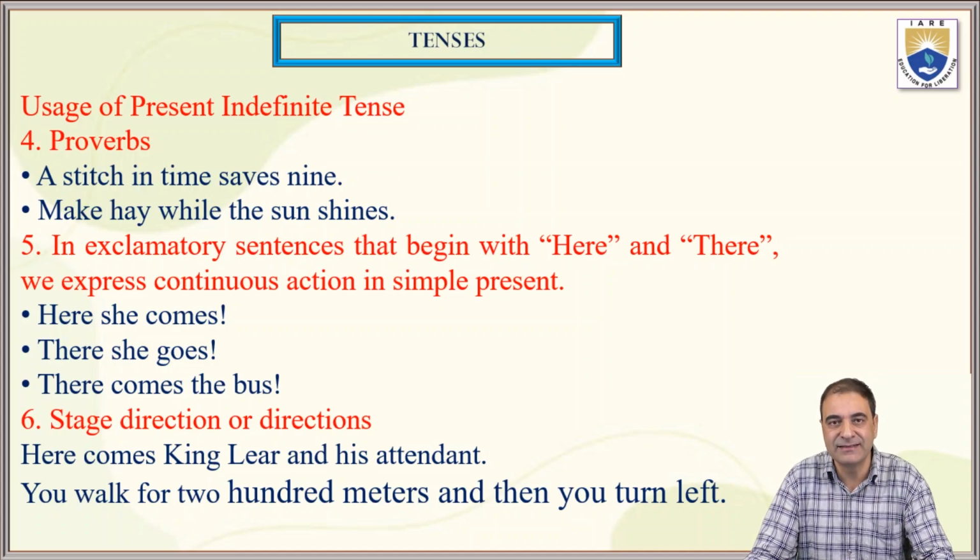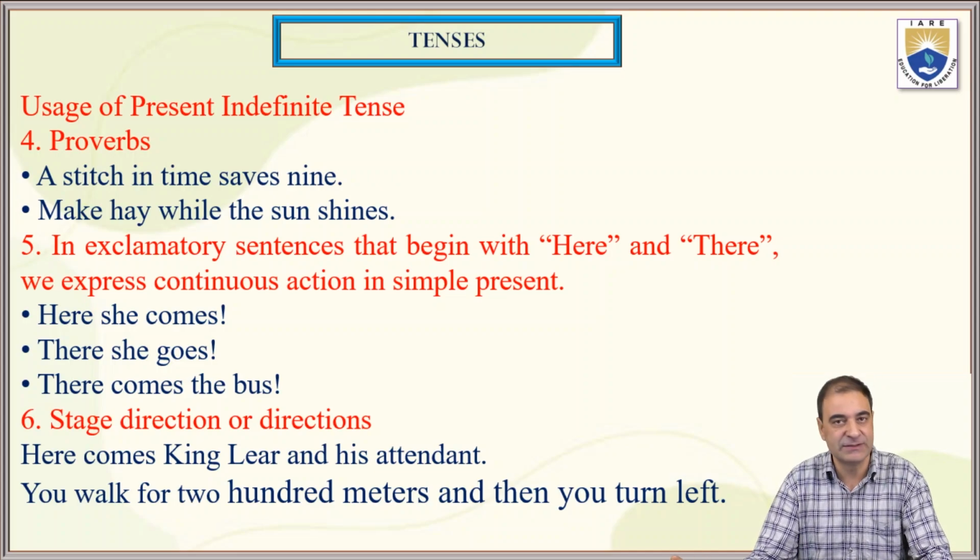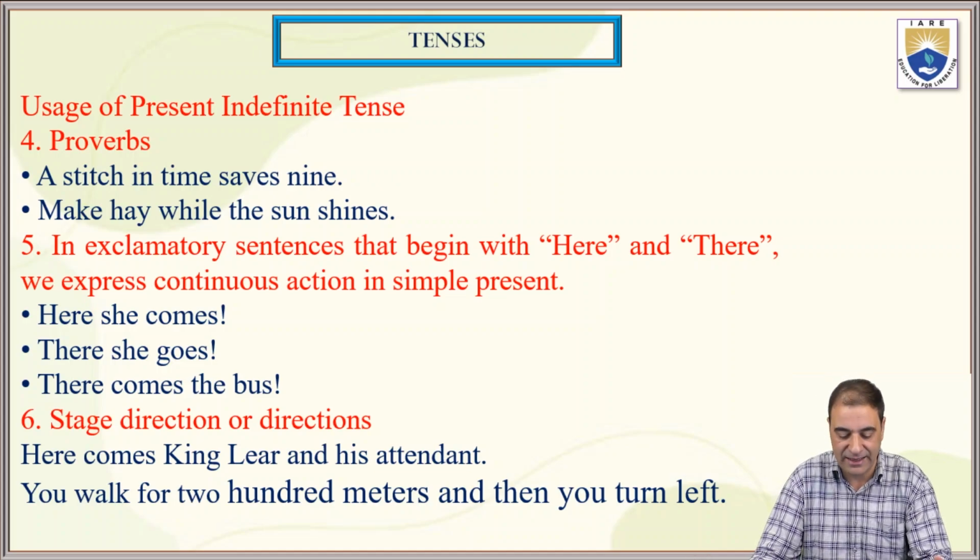in simple present tense. And the next one, for example, we use simple present tense to express a continuous action, if that sentence starts with here and there and ends with an exclamatory mark. Remember, if you have exclamatory sentences and those exclamatory sentences start with here and there, we can express any continuous event or action in simple present tense, like here.